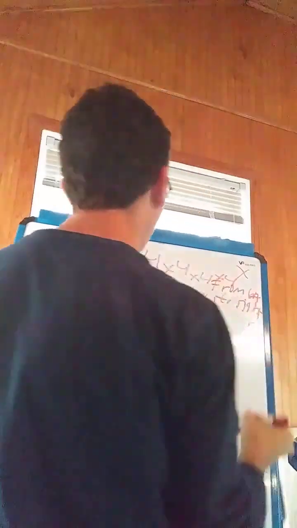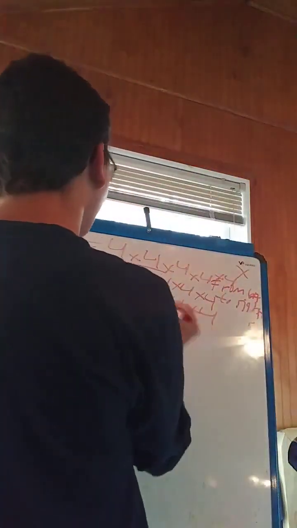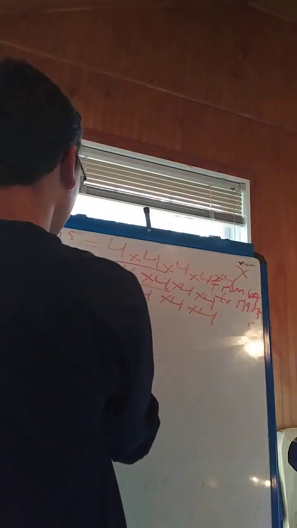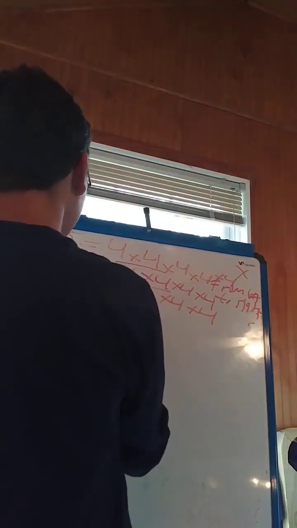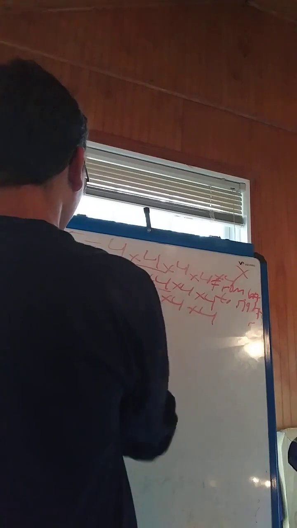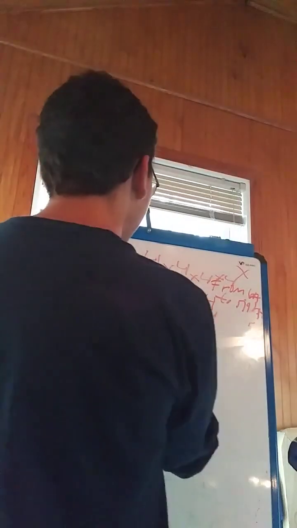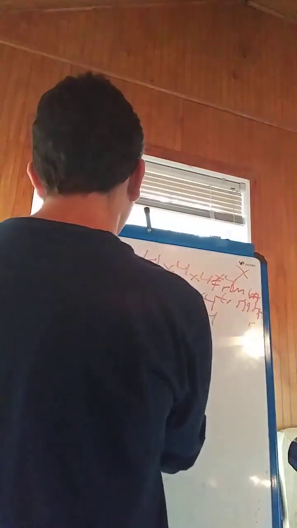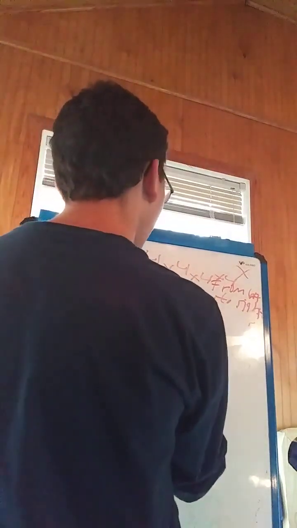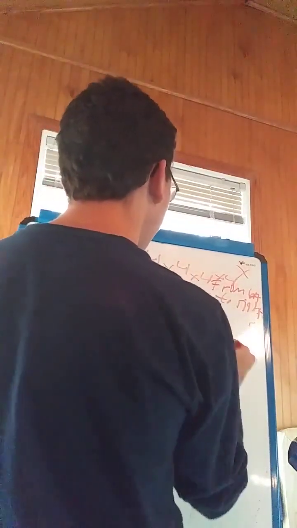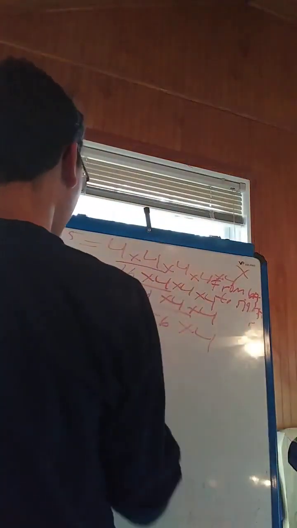And then we have 2 times 4 left. So then 64 times 4 would be 256. And then times another 4, which is the final 4.